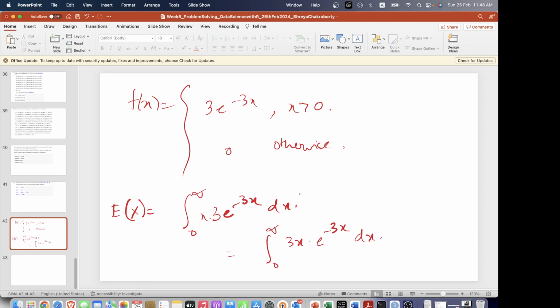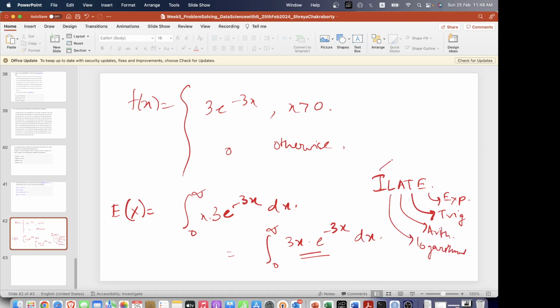Now when you have such functions, you have to remember a rule, ILATE. This one stands for inverse functions, this stands for logarithms, this stands for arithmetic functions, this stands for trigonometric functions, and this stands for exponential functions.